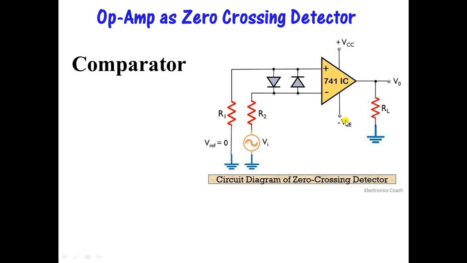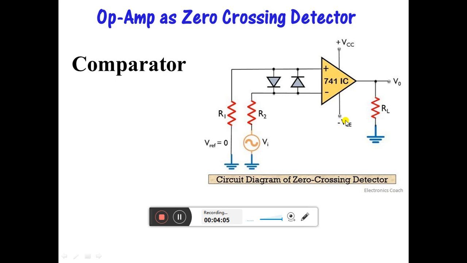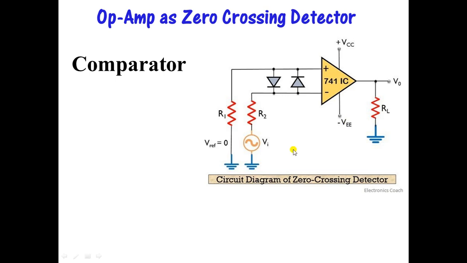Then let us see how this op-amp as zero crossing detector operates. What is the basic operating principle? The basic operating principle of the zero crossing detector is that if Vin is greater than Vref, where Vref is 0 and Vin is the input voltage, if this voltage value is greater than 0 volts, then what will be your output?